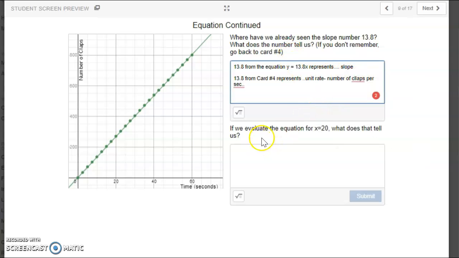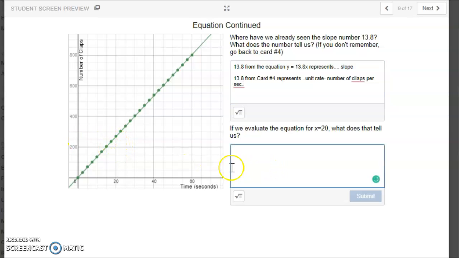Okay, if we evaluate the equation for x is equal to 20, or you can go to the graph and find the y value here, then what does it tell us?